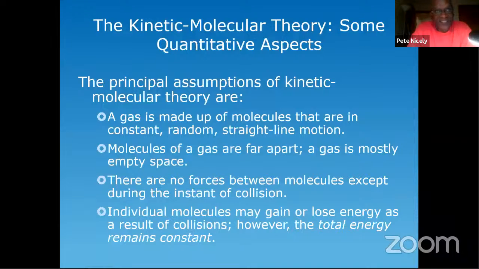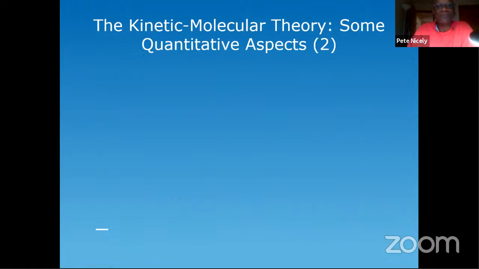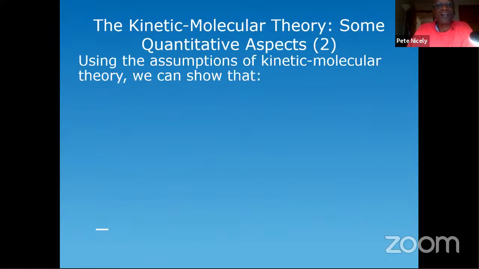There will be no net loss of energy. And therefore, as a result, when you look at the total collection of particles in a gas sample, the total energy remains constant. And of course, that is true if the pressure is constant, the volume, temperature, all those factors are constant, all right? So those are the principal assumptions of the kinetic molecular theory.